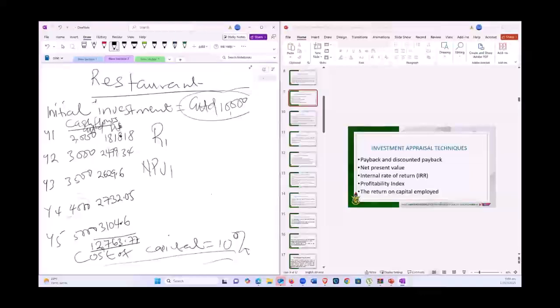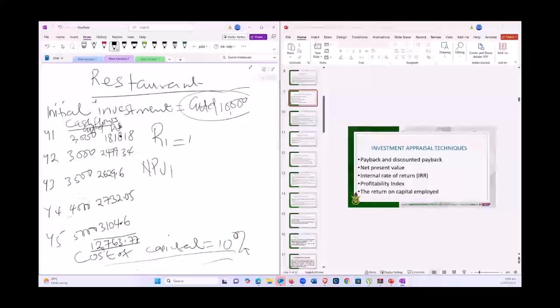We have done that. Haven't we used the 10% cost of capital to discount the nominal cash flows? Yes, sir. And we have summed up their present values to obtain the total present value. We have subtracted our initial investment from the total present value to obtain the net present value. Don't you have a net present value? Yes, we do.